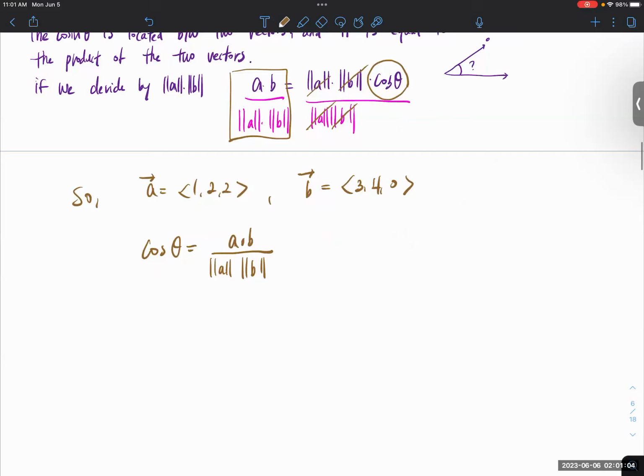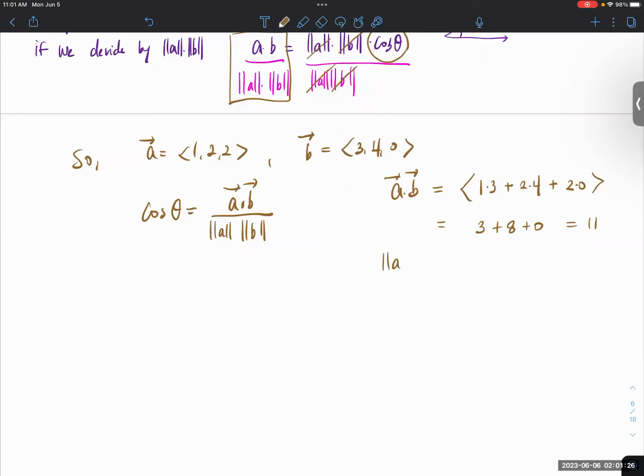First we find a dot b, the multiplication of the two vectors. So 1 times 3 plus 2 times 4 plus 2 times 0, which is 3 plus 8 plus 0. We got 11. That's the dot product, a dot b.